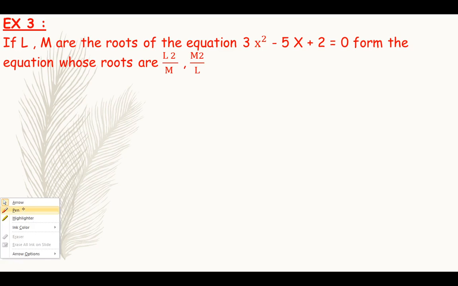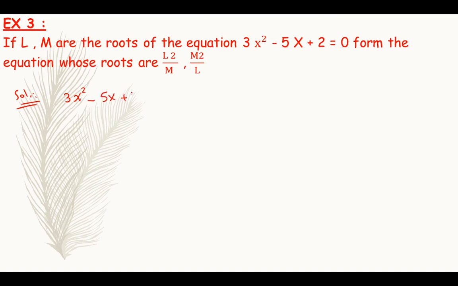First, solution. The old equation 3x power of 2 minus 5x plus 2 equals 0 has two roots. Again, one of them is L and the other is M.